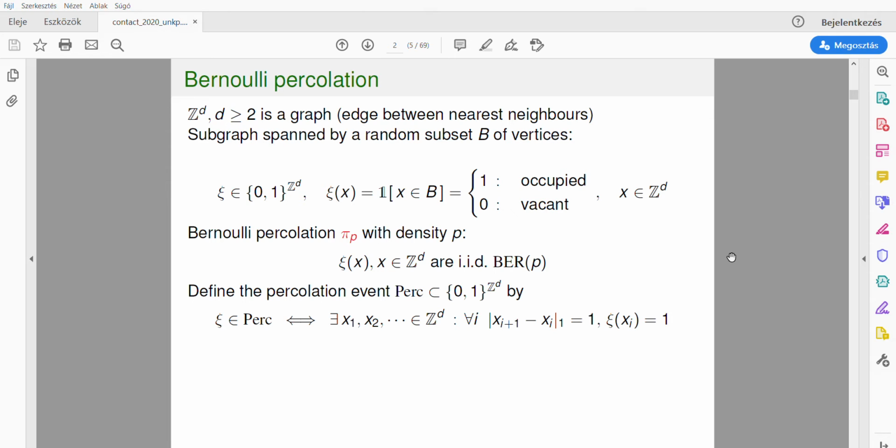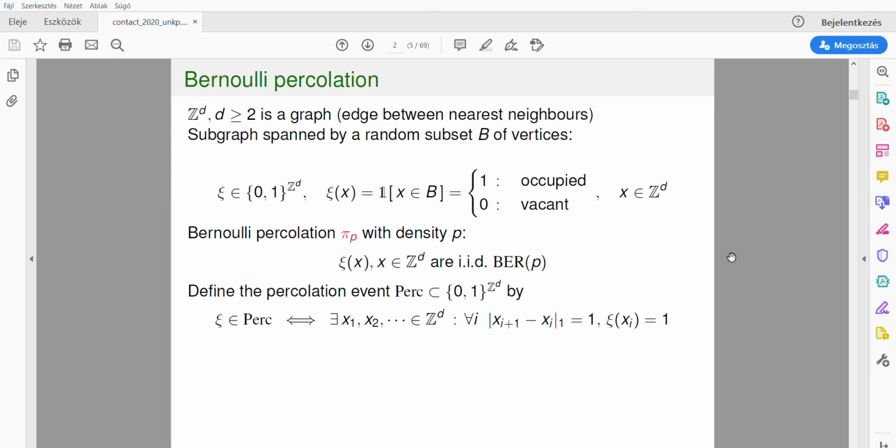Namely, the most important thing that I will be interested in is whether this subgraph contains a connected component with infinite cardinality. So of course Z^d is connected, but now if I look at this random subset B, then it's going to have many connected components, and I'm going to define an event called the percolation event, which is of course an event on this probability space.